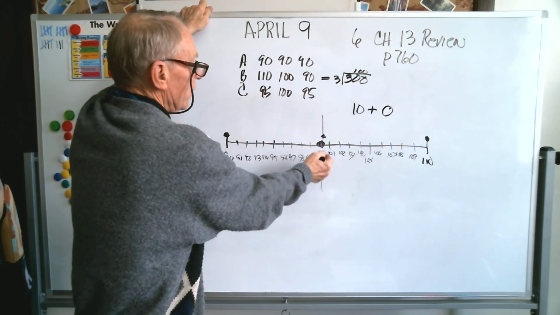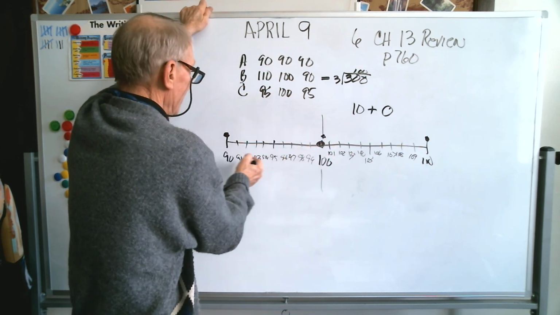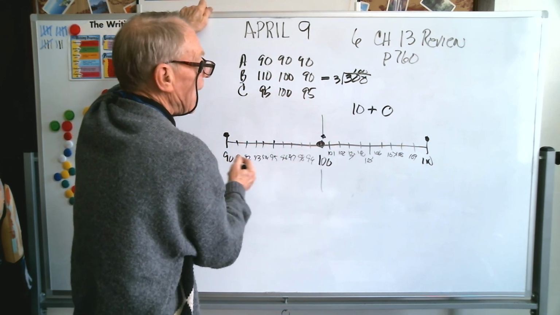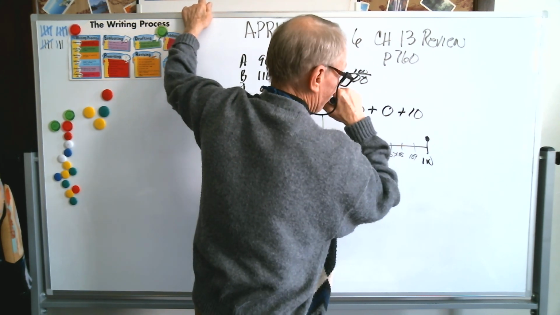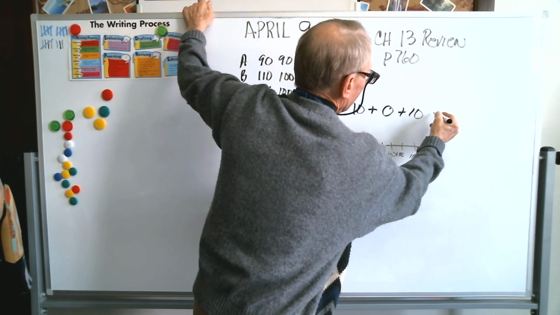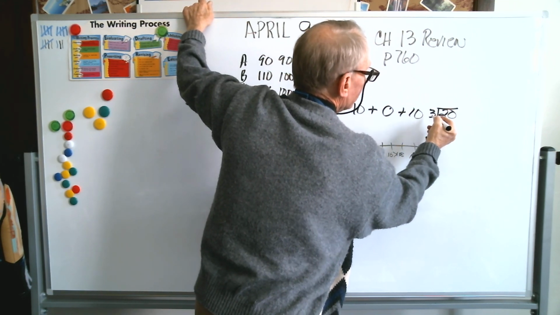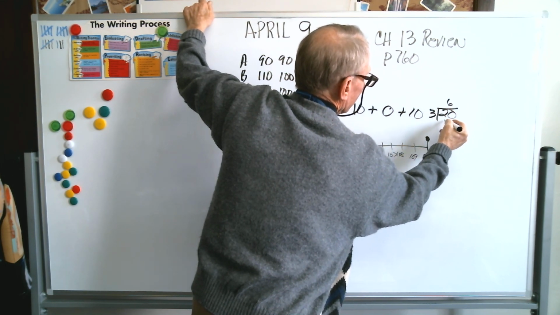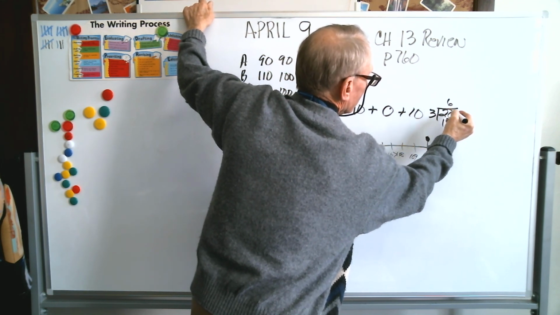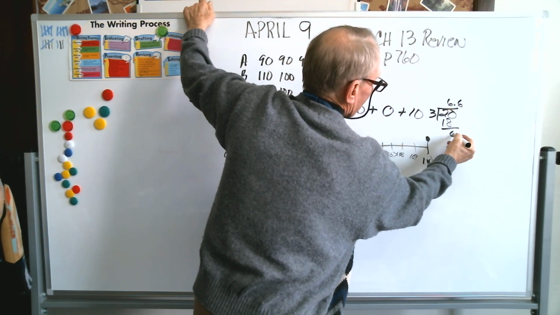So from 100 to 100 is 0. Then our next one is 90, which from 100 to 90 is another 10. So we've got 20 divided by 3, which is 6.6. This is what it's going to come out to.